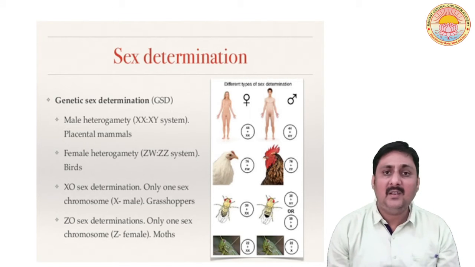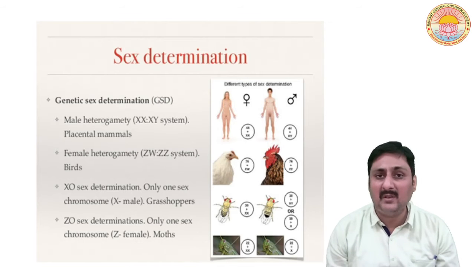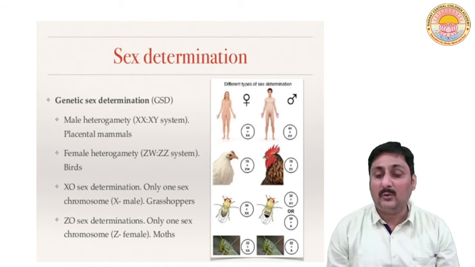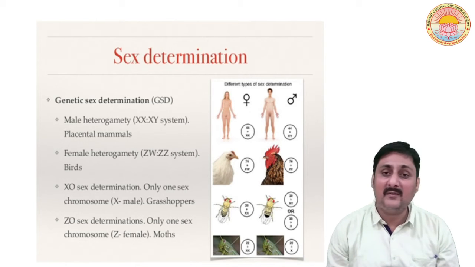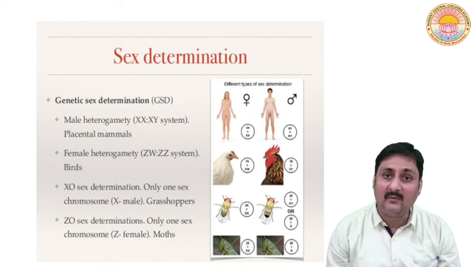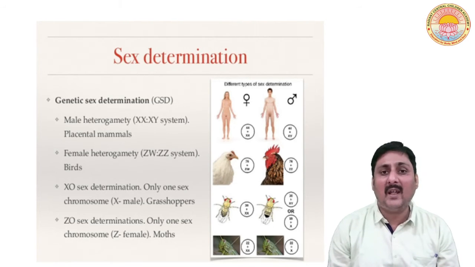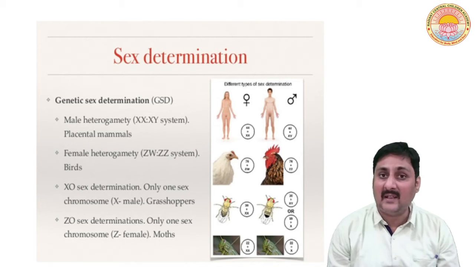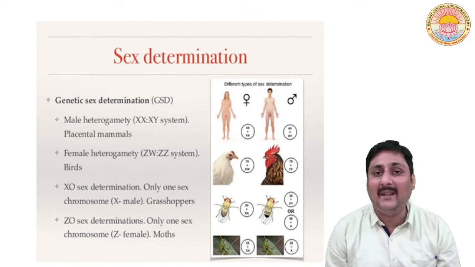So naturally, a sperm will always have half the number of chromosomes. Similarly, the ovum will also have half the number of chromosomes. In males, the last pair, the 23rd pair, is XY. So one sperm will have the X chromosome in the last pair and the other sperm will have the Y chromosome.